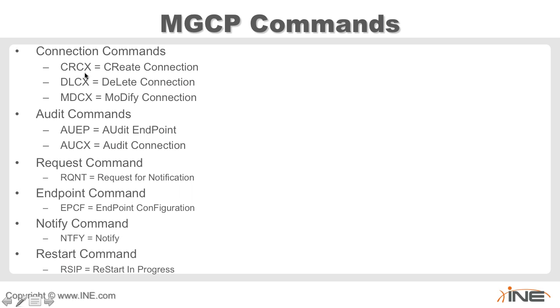This is create connection, delete connection, modify connection, AU for audit the endpoint, AUCX for audit the connection, and then request notification, EP endpoint configuration, simple notify, and then RS IP, restart in progress.